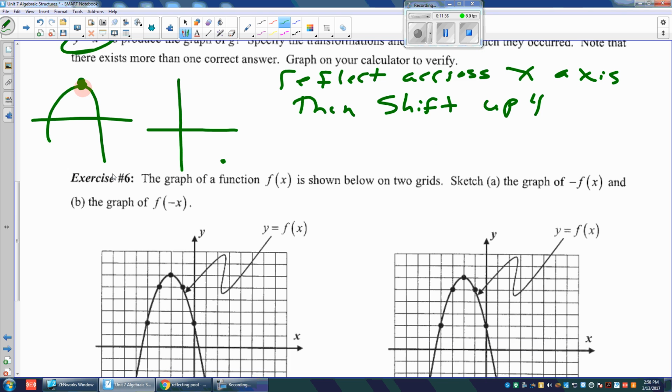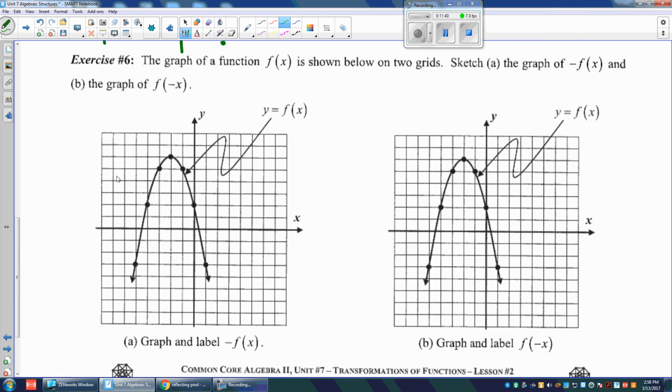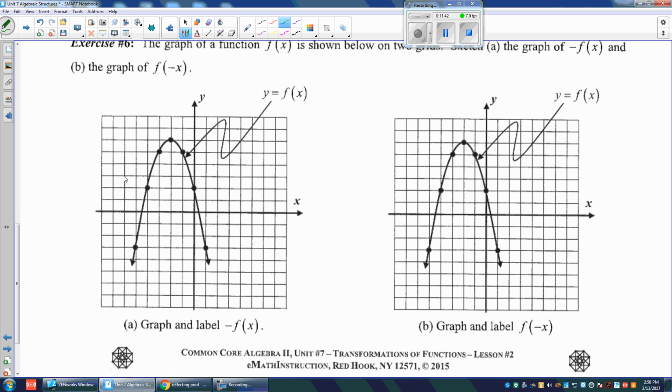Exercise 6. The graph of the function f of x shown below on the two grids. Sketch the graph of the reflection across the y-axis and the reflection across the x-axis. So we're going to do a reflection across the y-axis right here. We go down to 6 and go down 6.